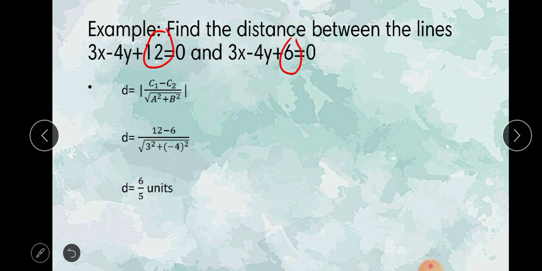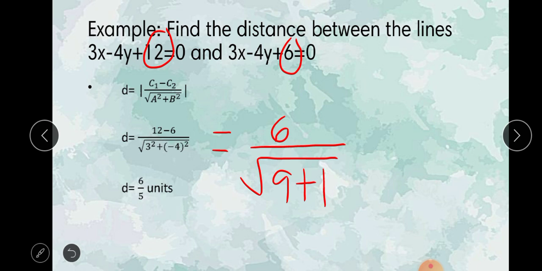So 12 minus 6 is equal to 6 over the square root of 3 squared, which is 9, plus 16. So we'll have 6 over the square root of 25.